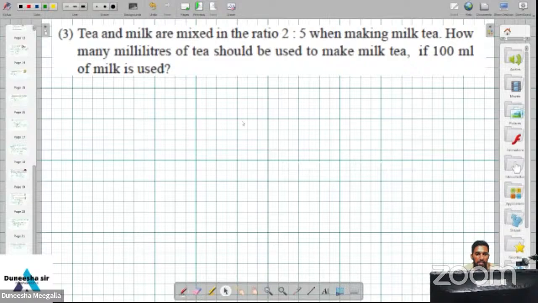Third one, tea and milk mixed in the ratio 2 to 5. When making milk tea, how many milliliters of tea should be used to make milk tea if 100 milliliter milk is used? Can you find out?